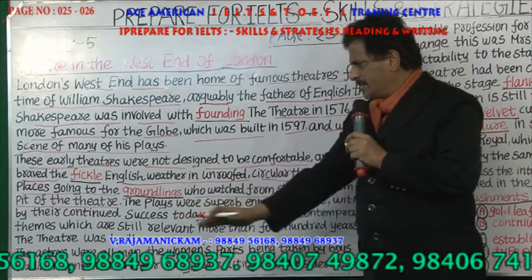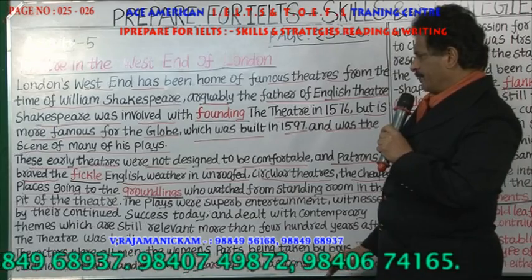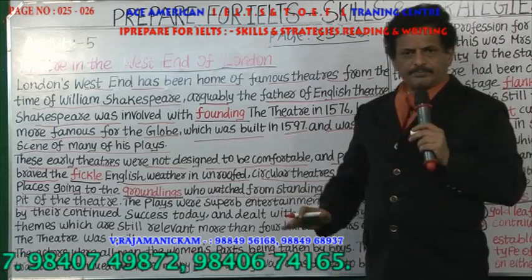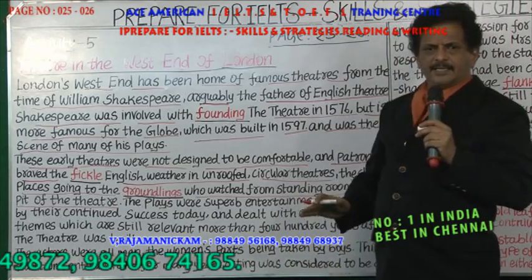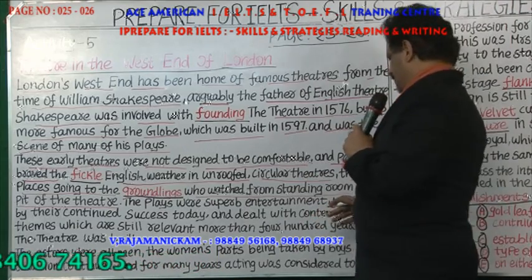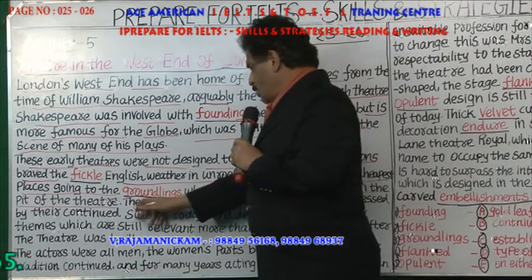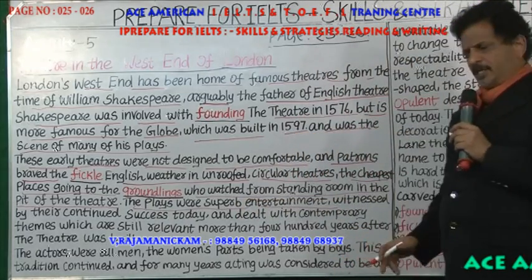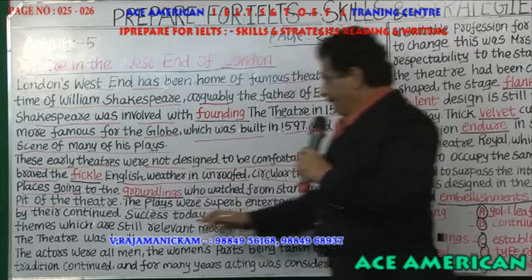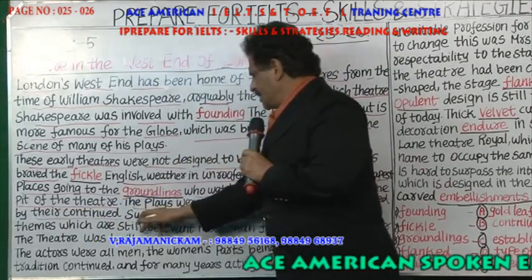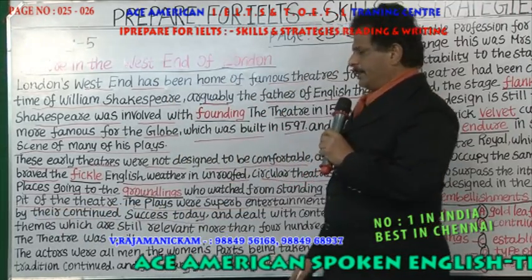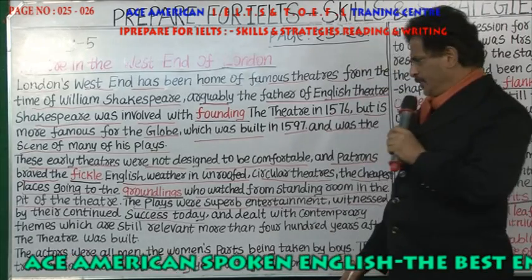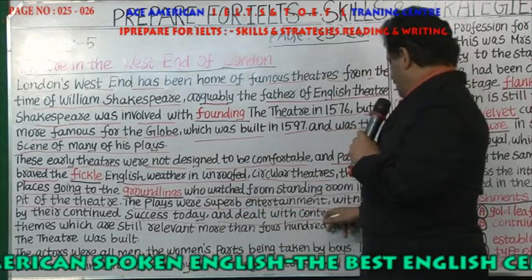Groundling means there is no proper place to sit and watch. Next, superb, wonderful entertainment is there, witnessed by their continued success today. People continuously watch, and it's successful today, and dealt with contemporary themes.